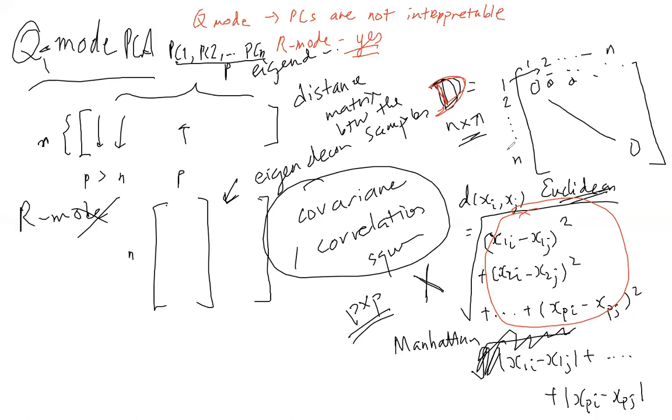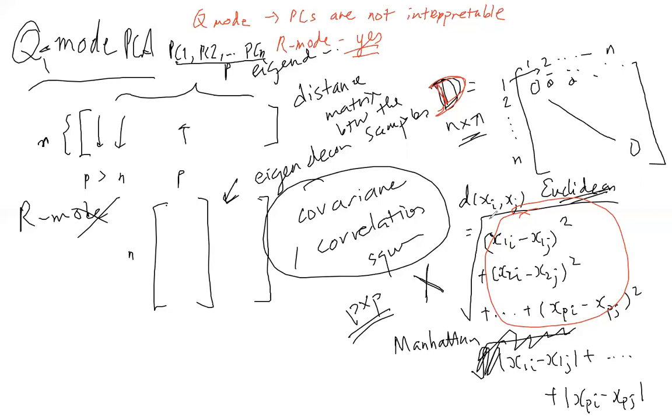But still, it can be very useful for data mining because sometimes in data mining, you basically just want to work with the principal components. You are only concerned with prediction, not with modeling or explanation. So it's still a doable approach. In fact, in mining data sets where there are many variables, you probably will not be able to apply R mode simply because you have too many variables.